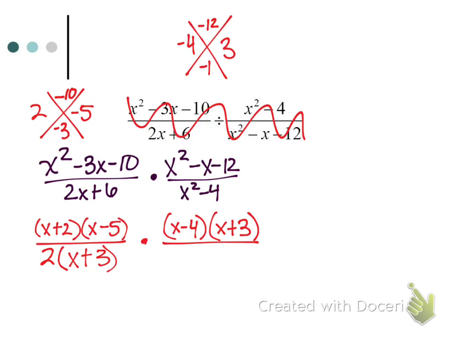We've got one more thing to factor. Got to factor that x squared minus 4 in the denominator. What method am I going to use? Square roots. So I need someone new to help me factor that.